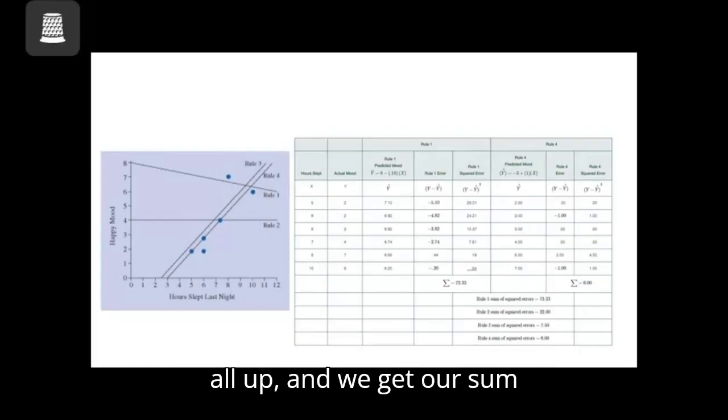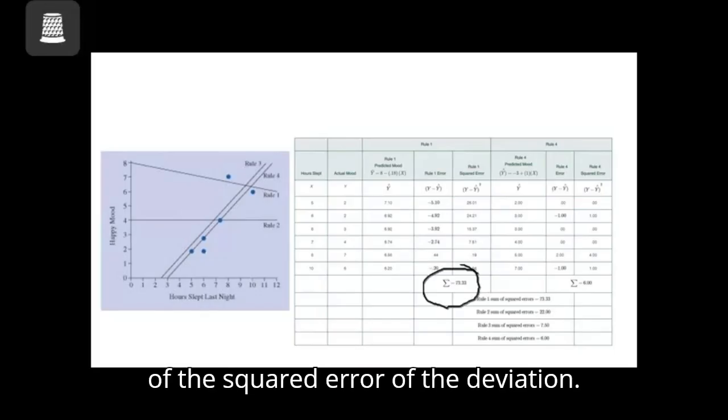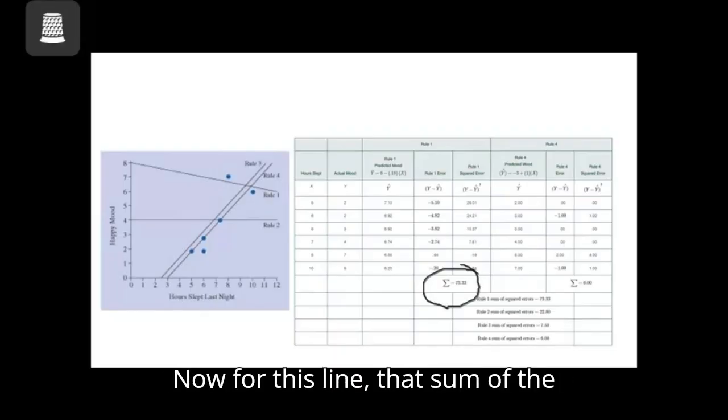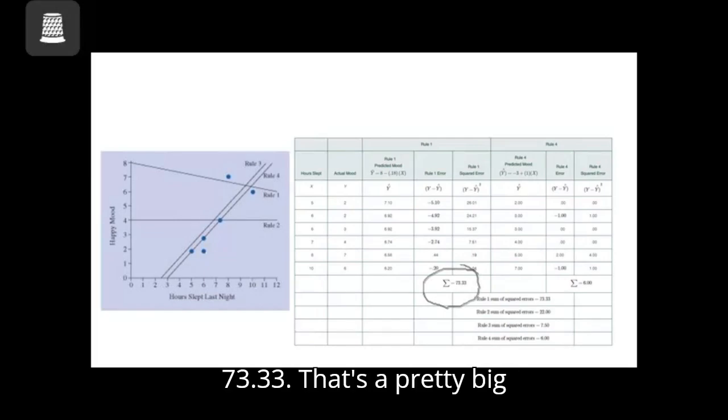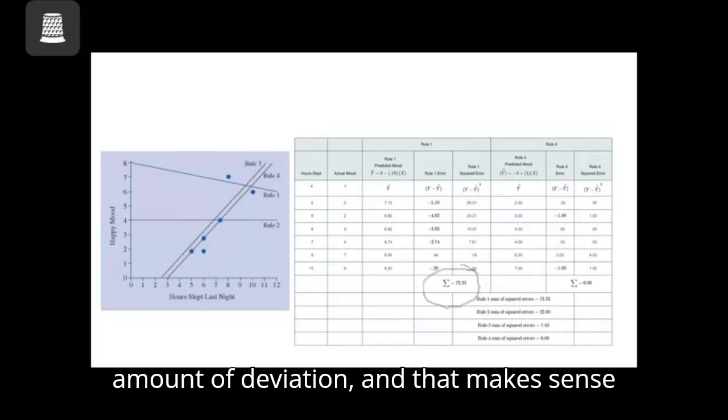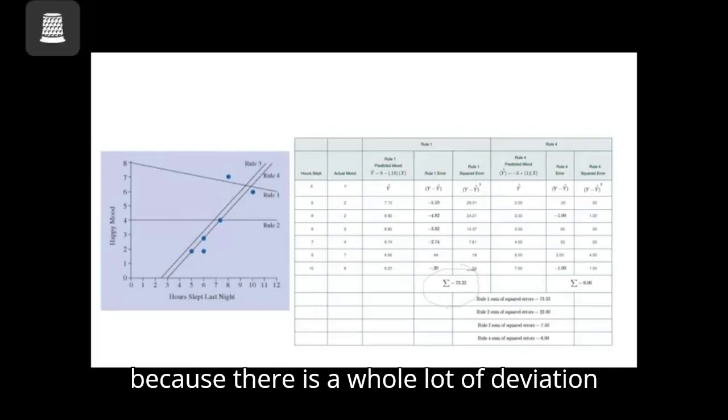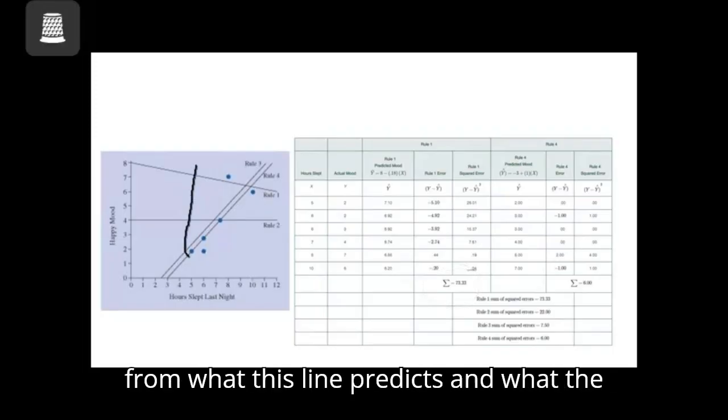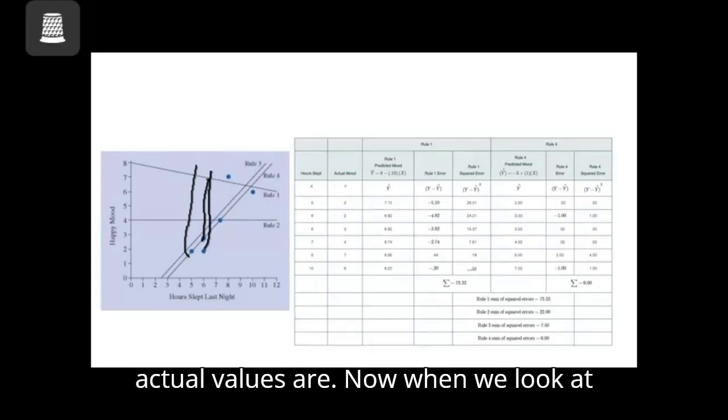Then we add them all up and we get our sum of squares. This is the sum of the squared error, or deviation. Now for this line, that sum of the squared error is 73.33. That's a pretty big amount of deviation, and that makes sense because there is a whole lot of deviation between what this line predicts and what the actual values are.